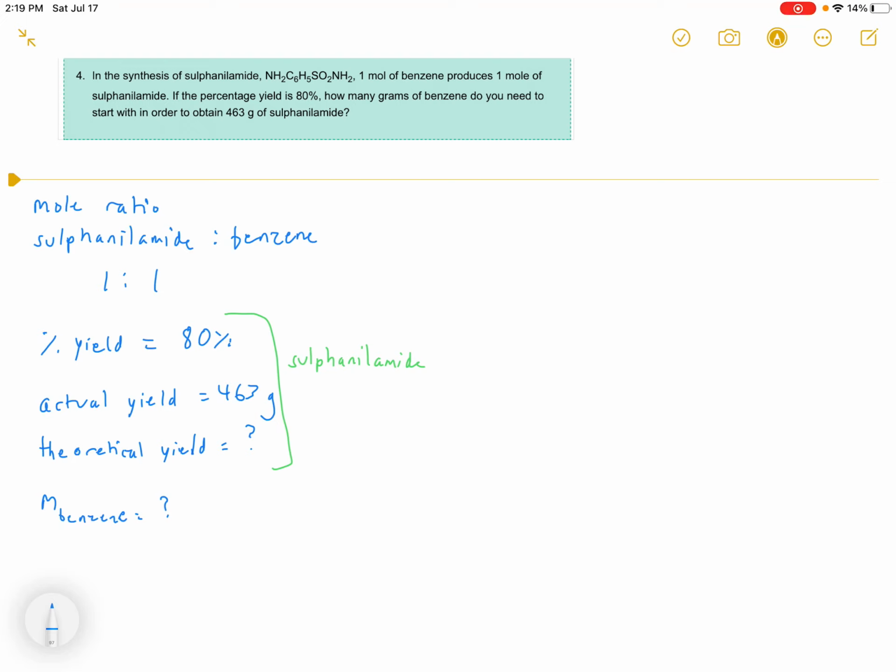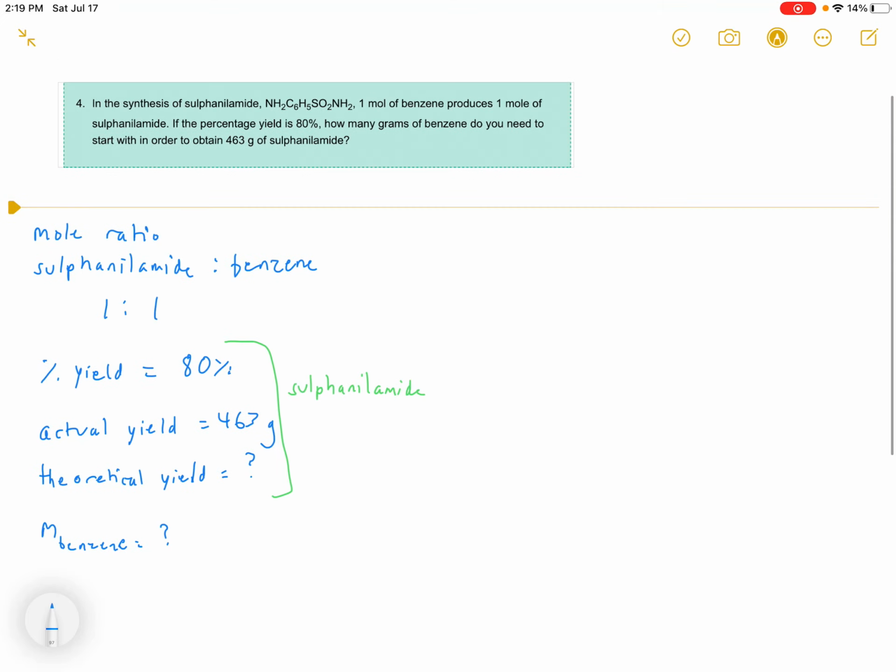We know that we're going to need the theoretical yield of sulfanilamide. And also, in our mind, we are connecting lots of different concepts in chemistry. We know that if we want the mass of benzene, we're going to need to know the theoretical yield of sulfanilamide because we're only given information in terms of sulfanilamide. And we know up here that there's a 1-to-1 mole ratio.